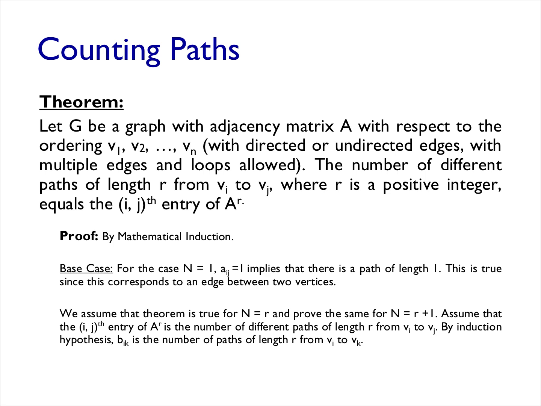Okay, the number of different paths of length R from vertex VI to vertex VJ, where R is a positive integer, equals the IJ element, so the element of row number I and column number J, of the adjacency matrix A of the graph raised to the power R, which is the length. Length of a path means the number of edges that the path contains.